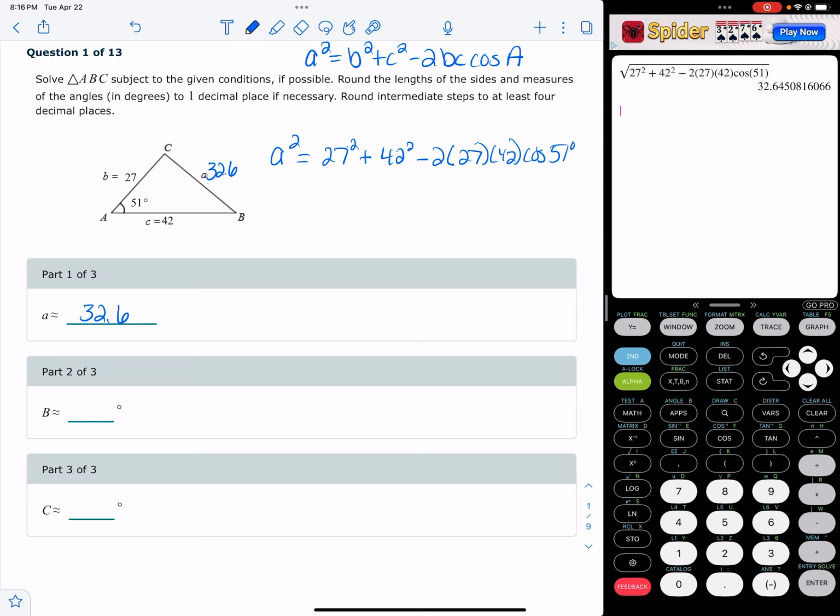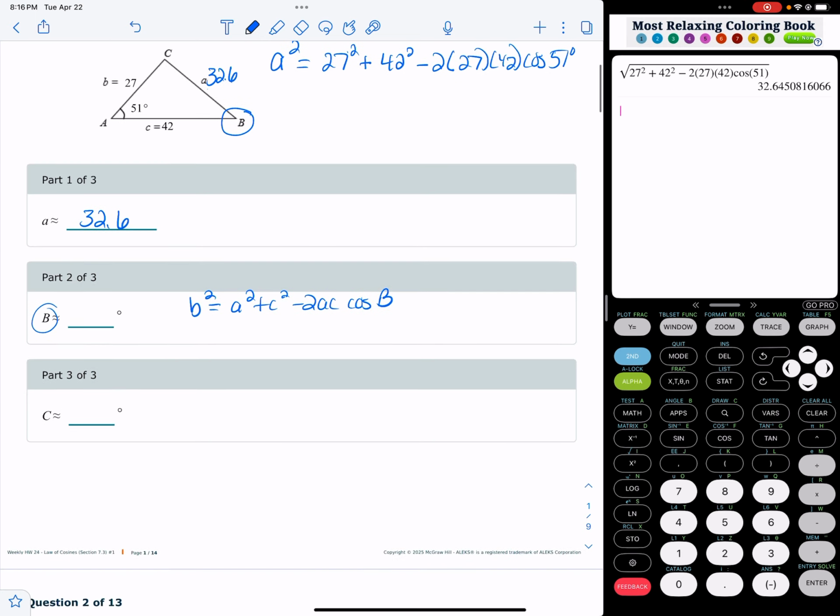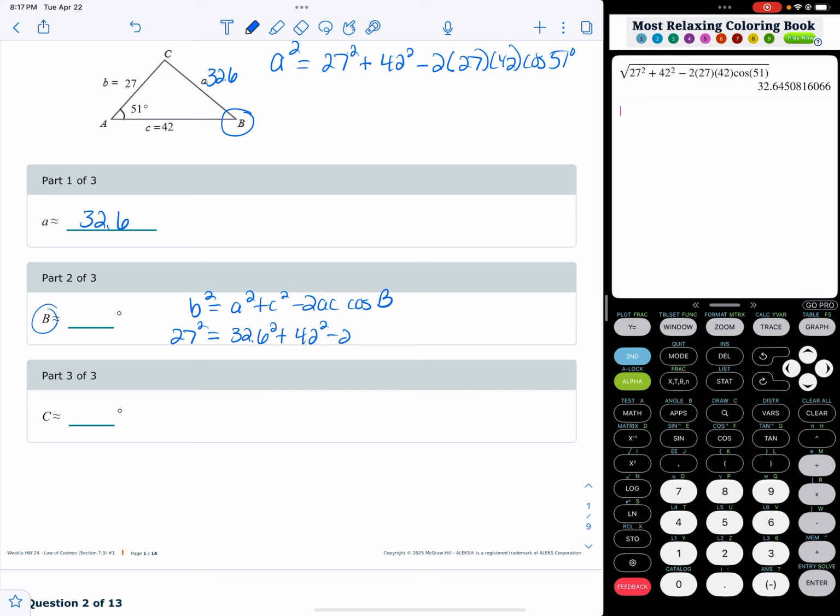All right, so we'll go to angle B. Since we're finding angle B, our formula would be b squared equals a squared plus c squared minus 2ac cosine B. Now, we know side B is 27, side A is 32.6, and side C is 42.